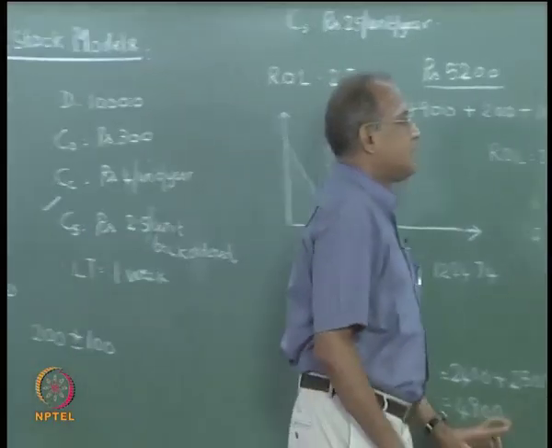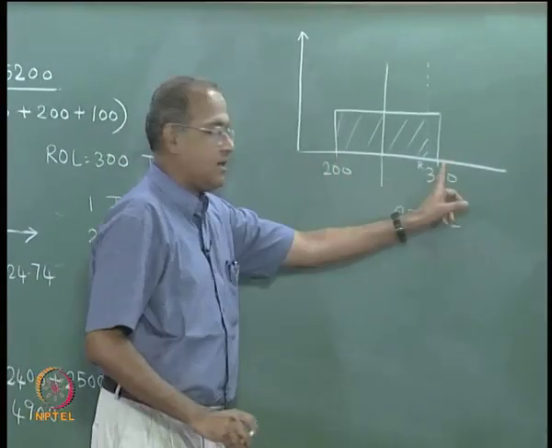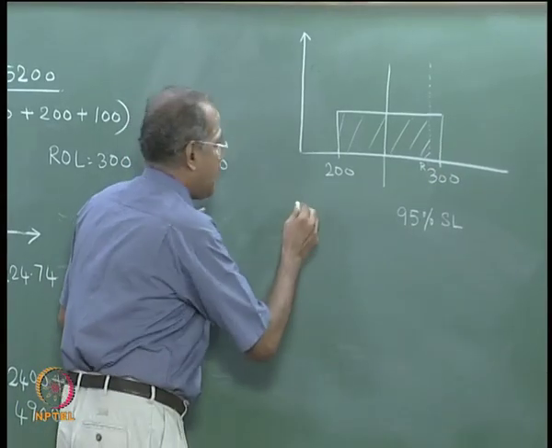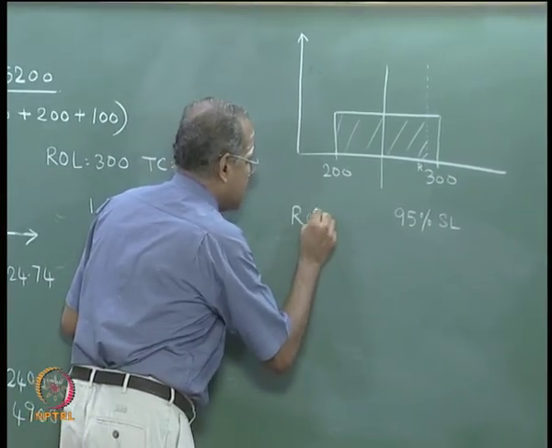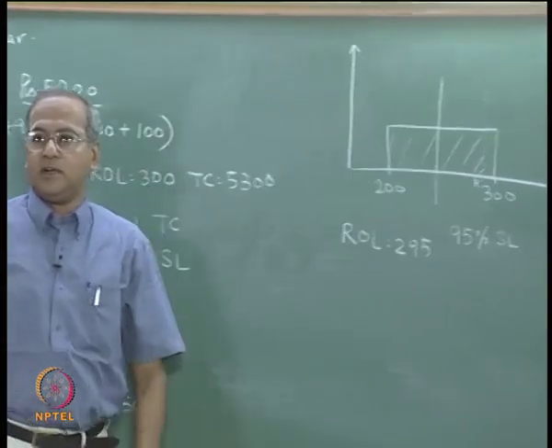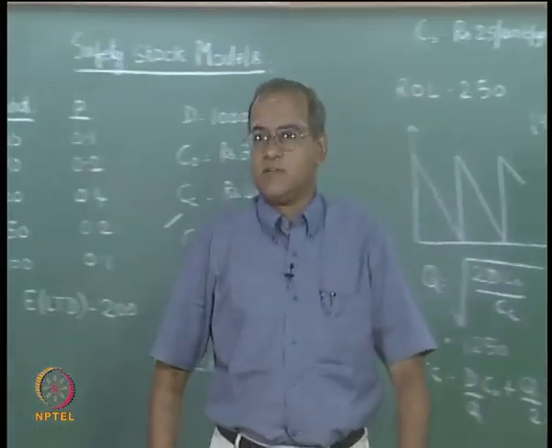So 100% is covered at 300, so 95% will be covered at 295. Therefore, our reorder level in this case will be 295 if we wanted a 95% service level.